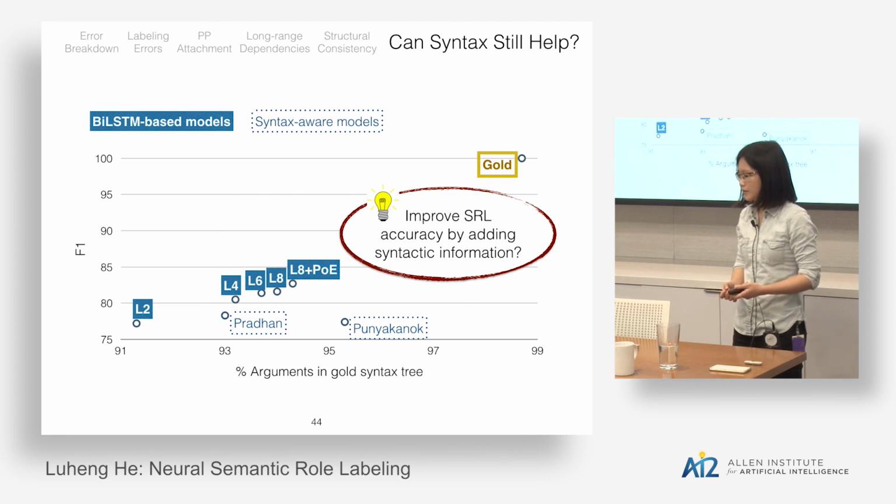It has higher recall than previous systems because it didn't go through the argument pruning stage. So I guess it's not fair to say it's not learning syntax. It just doesn't have as high agreement as the previous syntax-aware models.